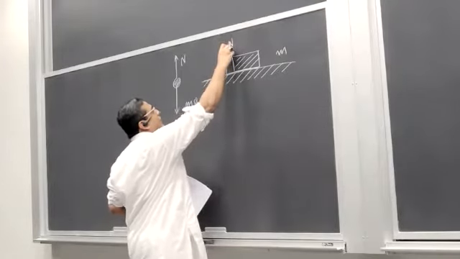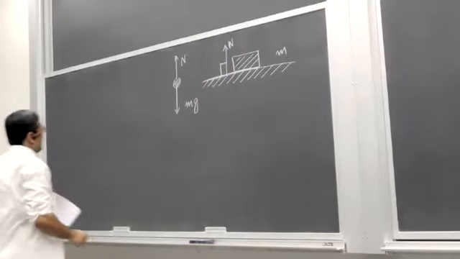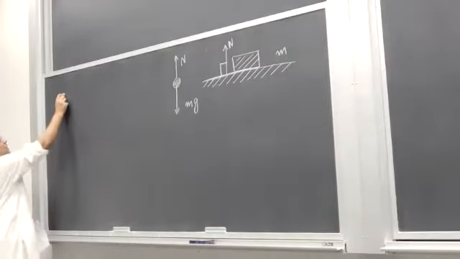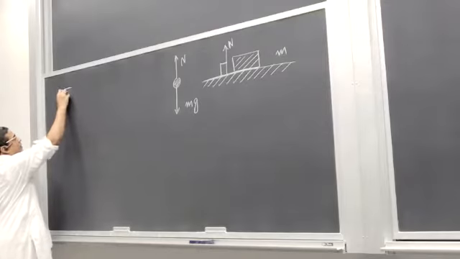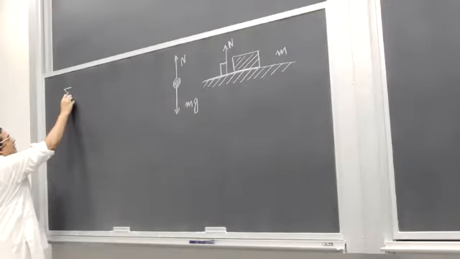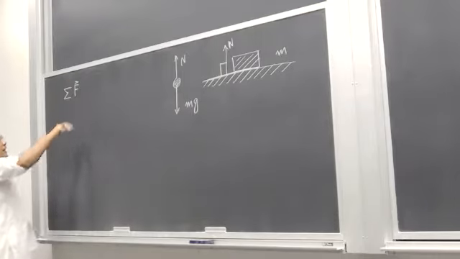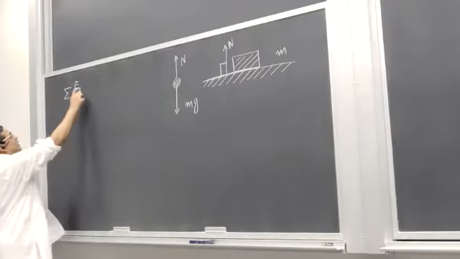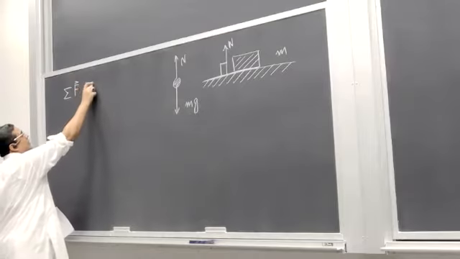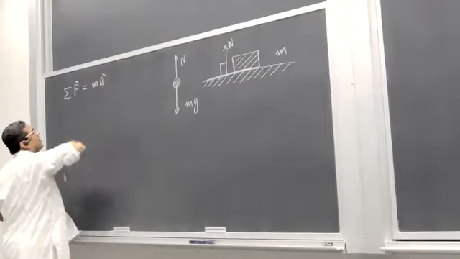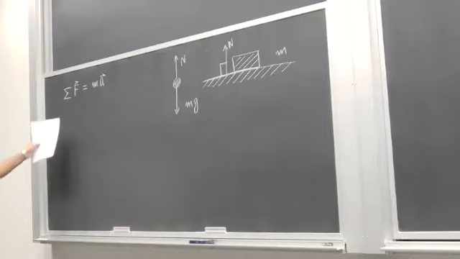and then you take into account all the forces that are acting on it, and then you try to expand this general expression of Newton's second law. The sum of all forces acting on an object is equal to mass times the acceleration of the object. Okay, so this is a vector equation.